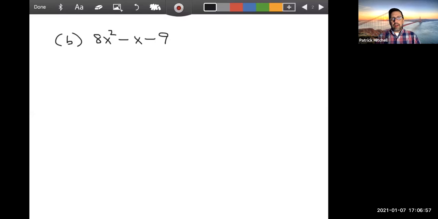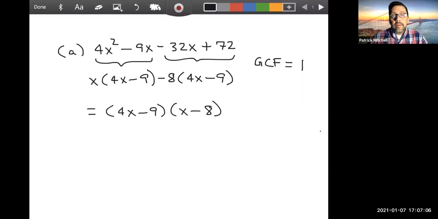Okay, so this does not look like grouping because it has 3 terms. So if you notice the difference between this and the example that we just went over, that minus 9x minus 32x, this was totally rigged to make the grouping easier, all right? Now, normally, if we were doing the chapter 5 problem, multiply 4x minus 9 times x minus 8, 4x squared minus 9x minus 32x plus 72 is what we would get in the second to last step.